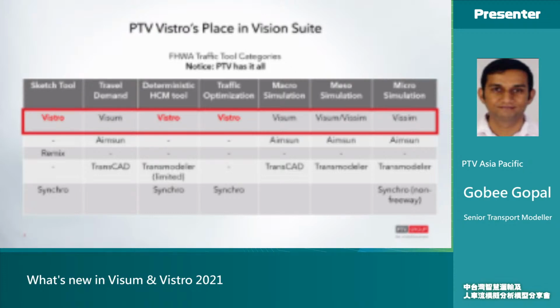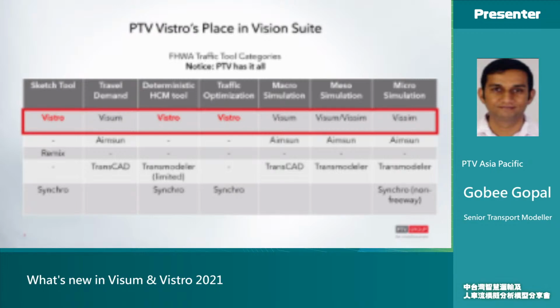The categories are sketch tool, travel demand, deterministic HCM tool, traffic optimization, macro simulation, meso simulation, and micro simulation. Under each planning analysis, they use PTV and non-PTV software. But this table shows, for each planning analysis for the US FHWA, how PTV software fits into each planning analysis for this organization. Under sketch tool, we have Bistro.